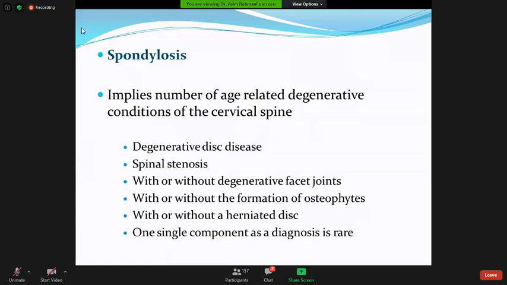So these degenerative changes comprise spondylosis, which is the most common cause of compressive myelopathy in our society, especially in elderly individuals.